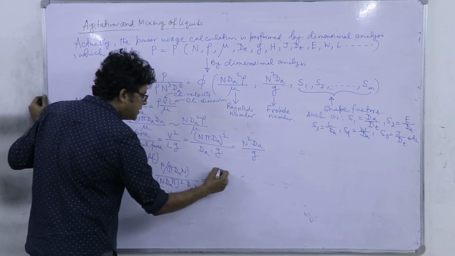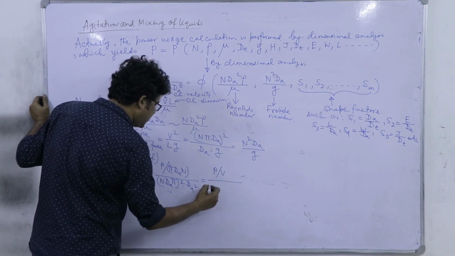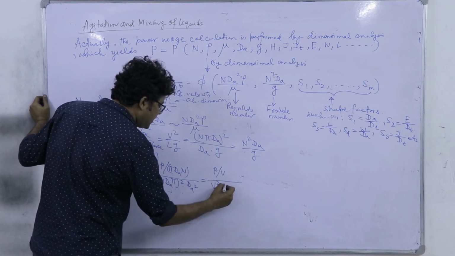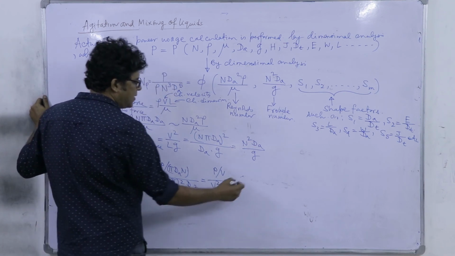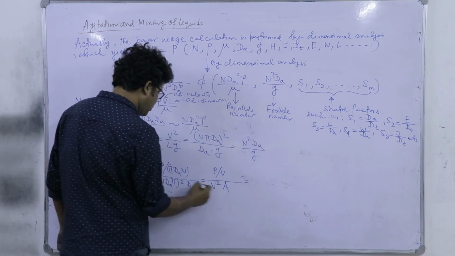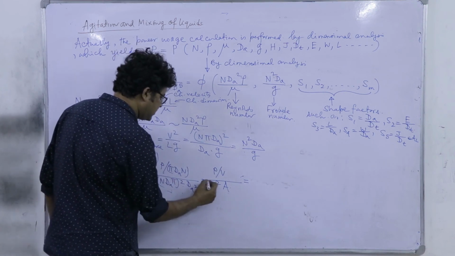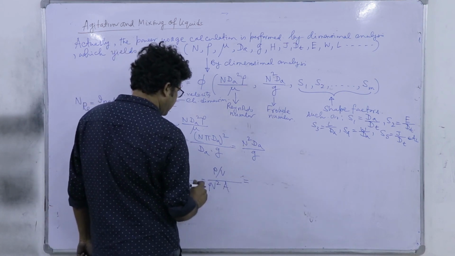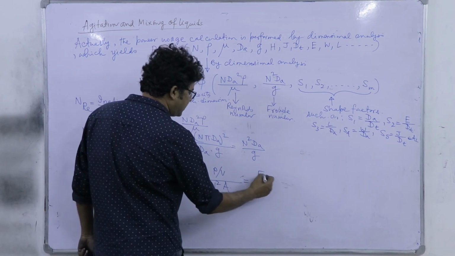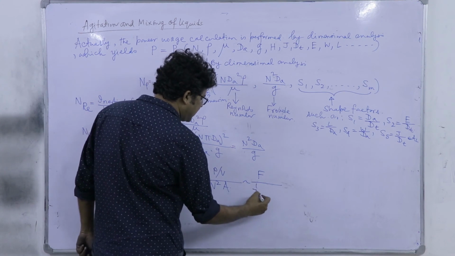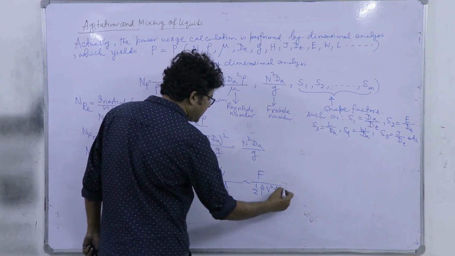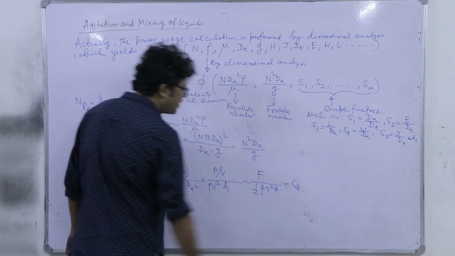So this is power divided by characteristic velocity, and here velocity square, and this is characteristic area, into rho. Rho is always present. So this is the force, and if we put a half here, it is rho v square A, so this is equal to the drag coefficient.